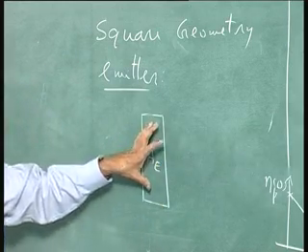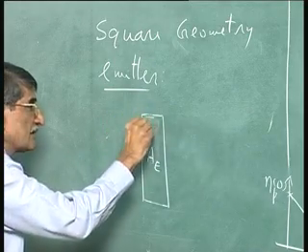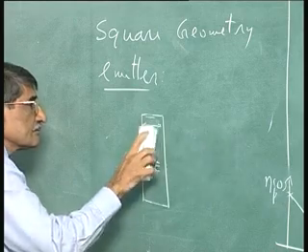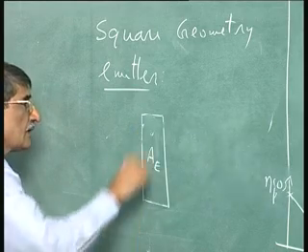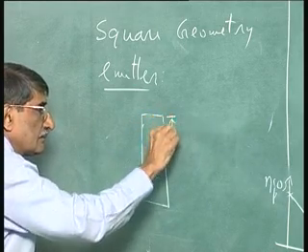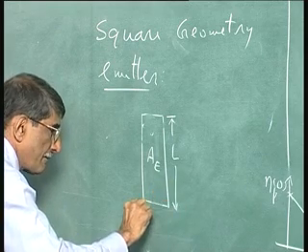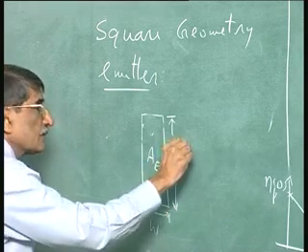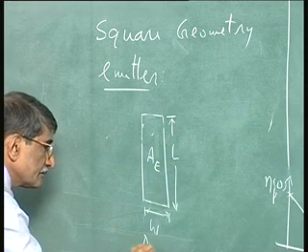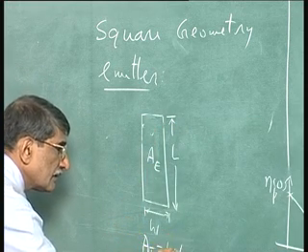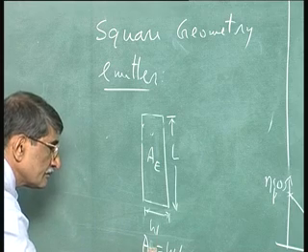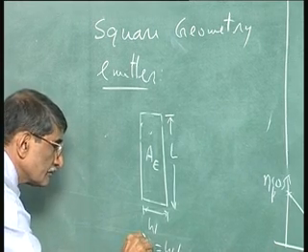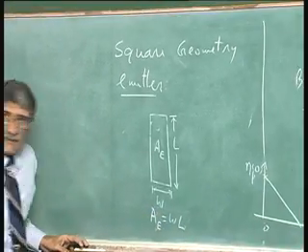This is the emitter area, W into length. If I call this as W, so AE is W into L. Area.